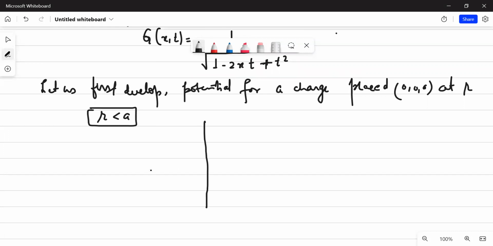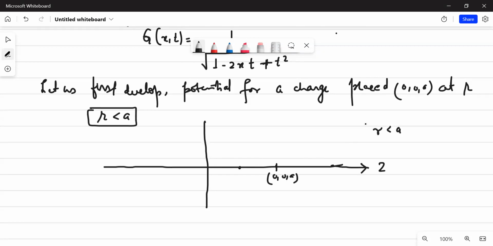So let us take the z-axis here only so that it will be easy to visualize. So this is my z-axis, and my charge is placed here. So this is 0, 0, a. And we want to find the potential at any place where r is less than a, due to this charge.